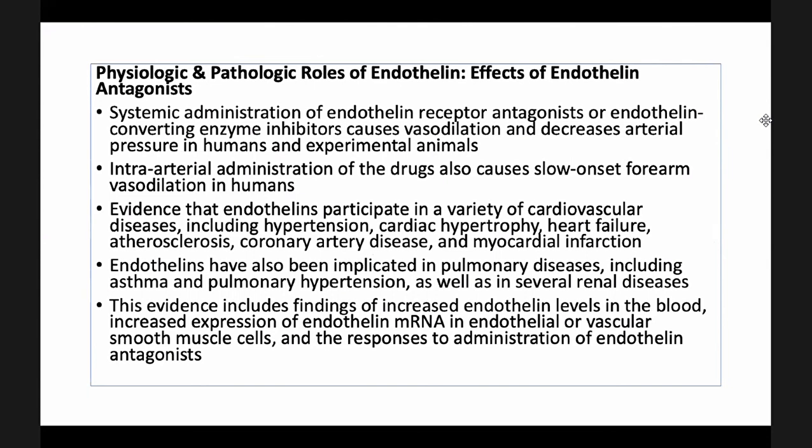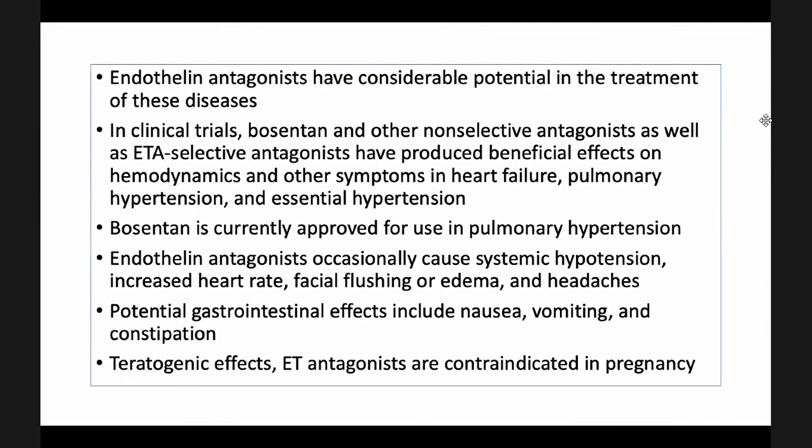So this evidence includes findings of increased endothelin levels in the blood and an increased expression of endothelin mRNA in endothelial or vascular smooth muscle cells, and its response to administration of endothelin antagonists. So endothelin antagonists have a potential in the treatment of these diseases.